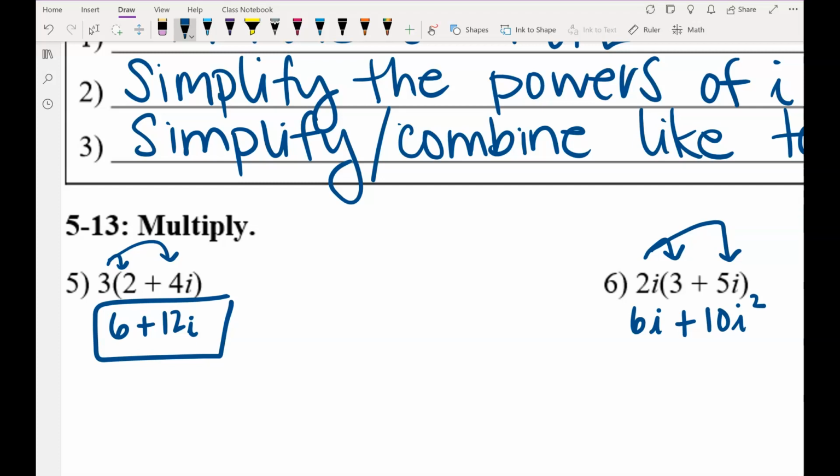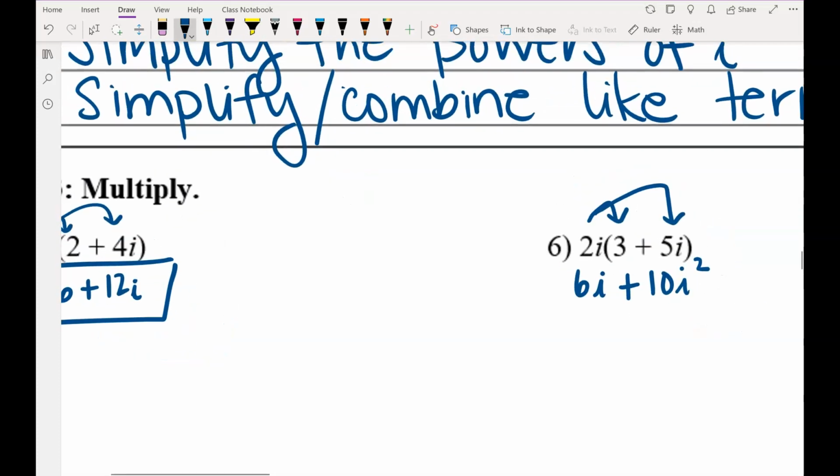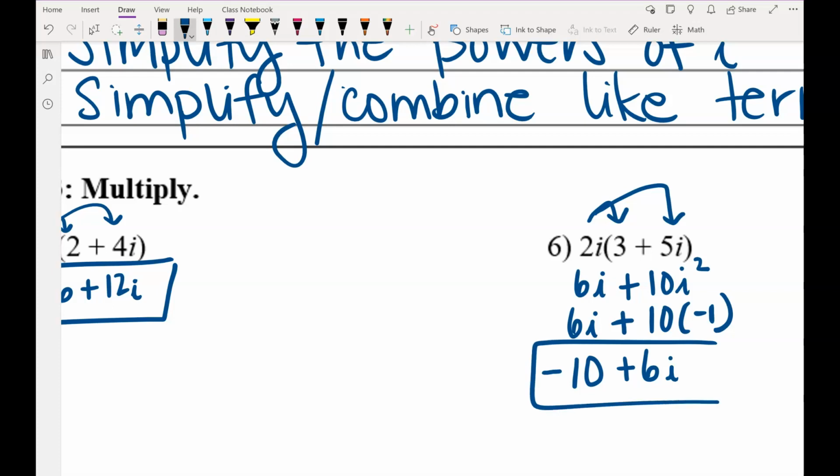Can I leave my answer like that? No. What is i squared? Yep. So this is 10 times negative 1. What's 10 times negative 1? Negative 10. So we want to write it a plus bi. So negative 10 plus, how many i's? 6. Okay. So a plus bi. The i's go second.